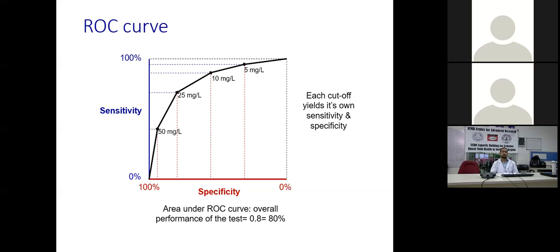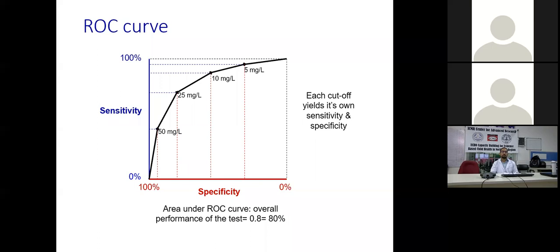The area under the ROC curve, which is the overall performance of the test, is the area under the curve as a proportion of the total area of the square. So the square is equal to 1 because it is 1 multiplied by 1. And the proportion under the ROC curve is called the area under the ROC curve.